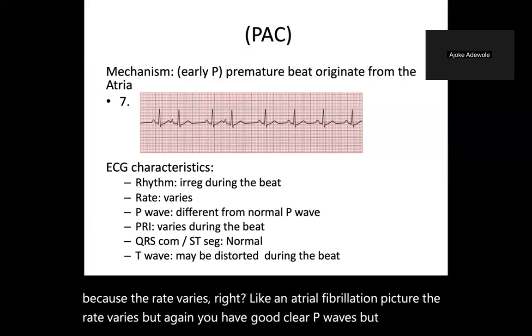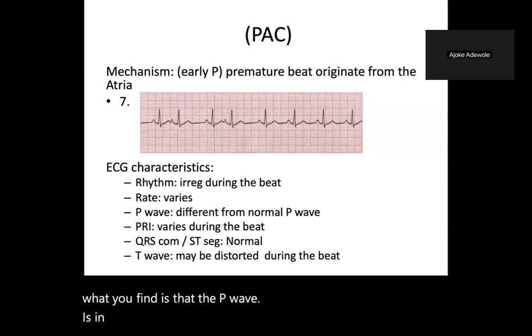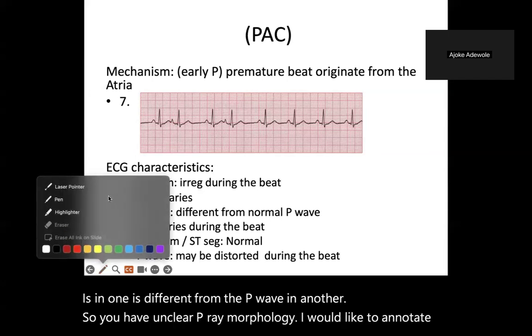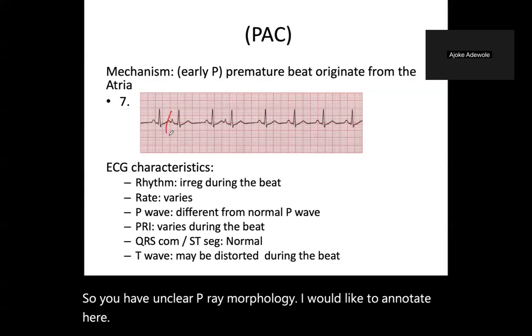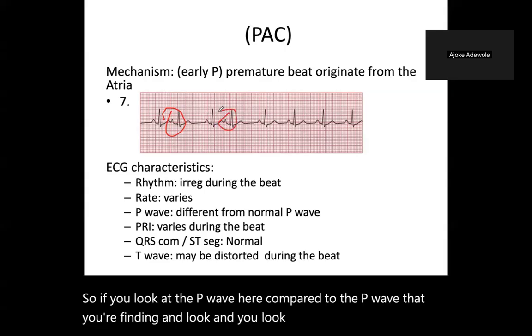But what you find is that the P wave is different from the P wave in another. So you have unclear P wave morphology. I would like to annotate here. If you look at the P wave here, compared to the P wave that you're finding, and you look at the P wave here, compared to other P waves, right?